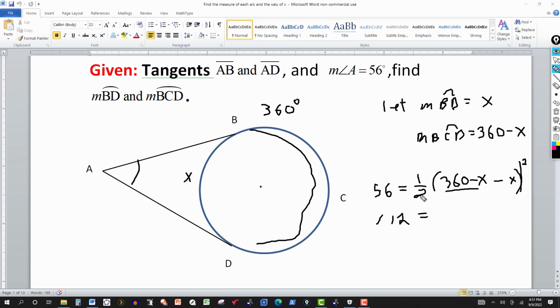And of course 2 times 1/2 cancels, so all I'm left with is 360 minus X and minus X is minus 2X.